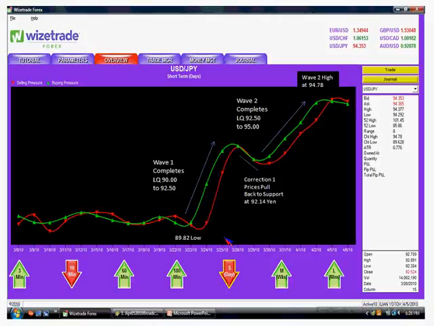I wanted to give you the example today because this is near perfection, especially when it comes to large quarter price moves and particular trend waves, whether bullish or bearish.